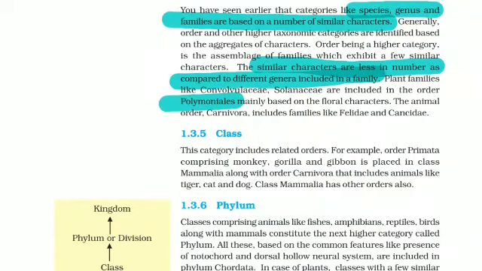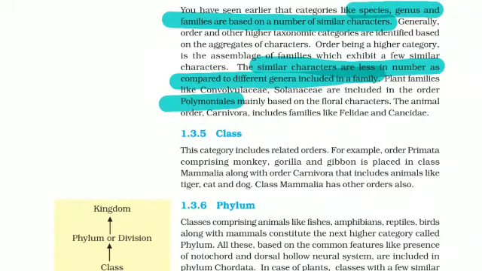So poly, as the name says, means more number of flowers. These families are included in this order mainly based on floral characters.